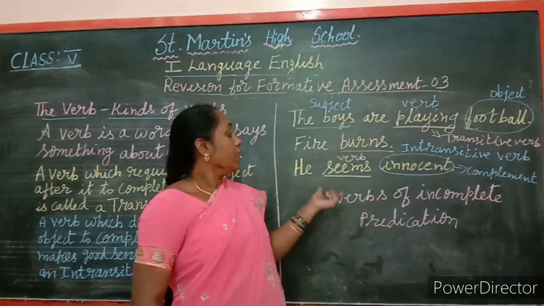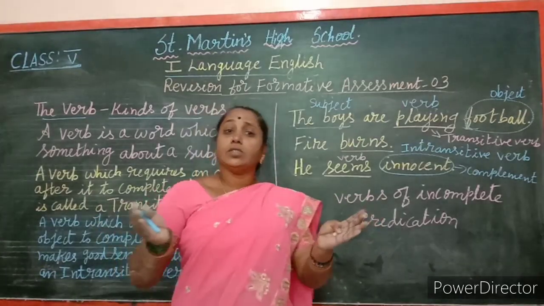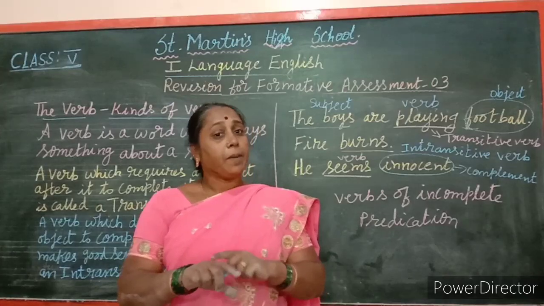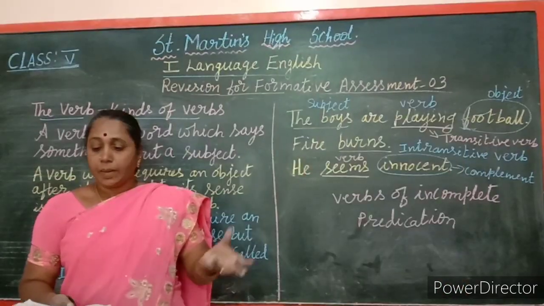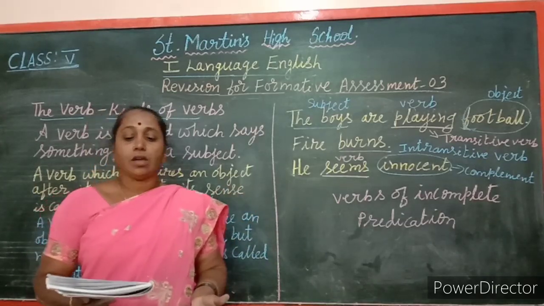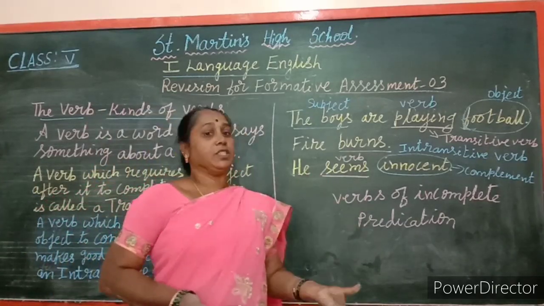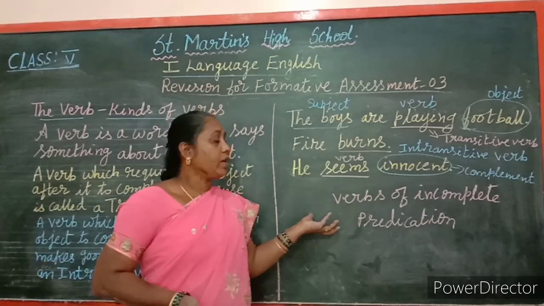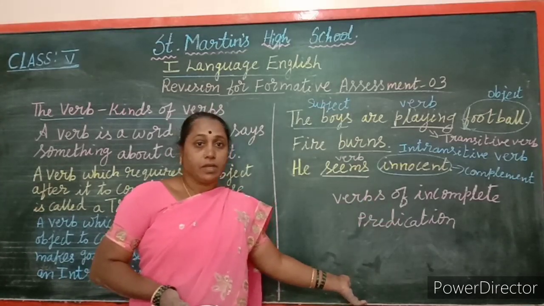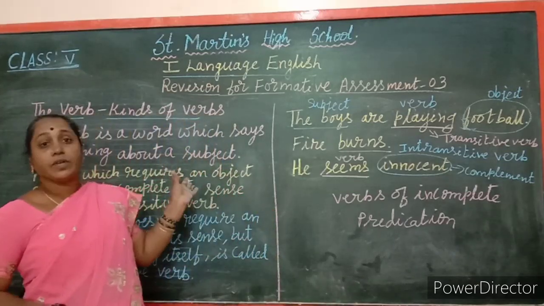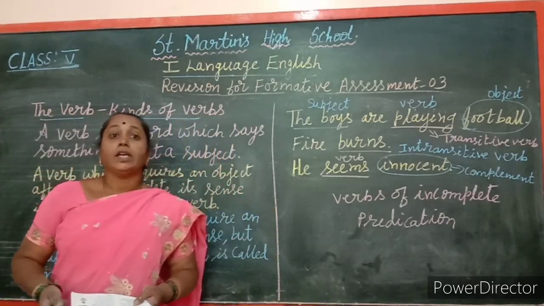So here the verbs which do not give complete meaning but require some words after them to complete their meaning, such verbs you call verbs of incomplete predication. I hope now you understood the verb and kinds of verb, children.